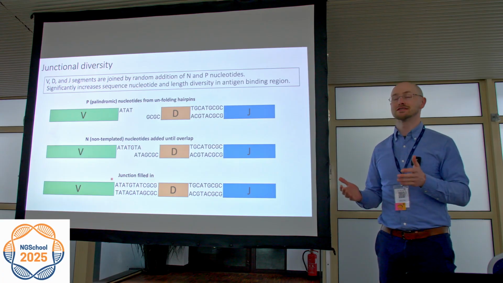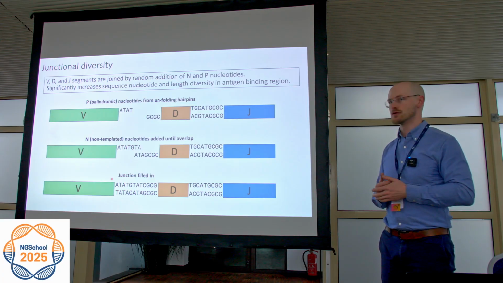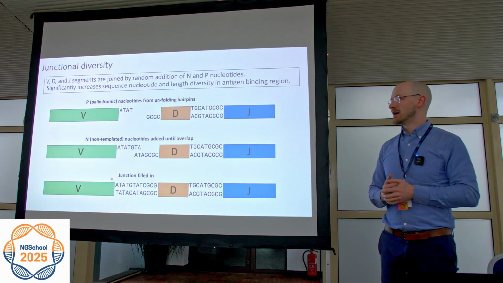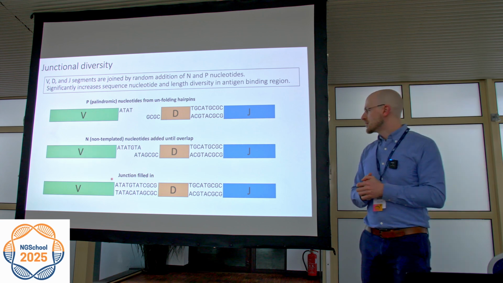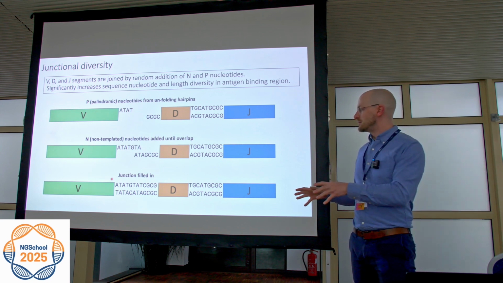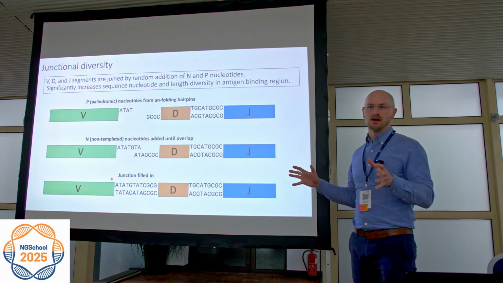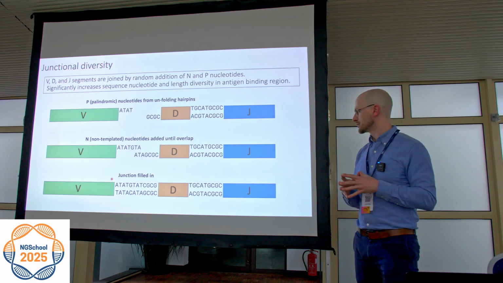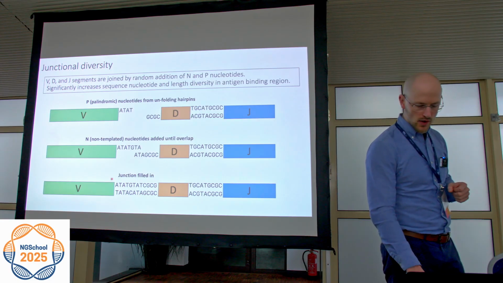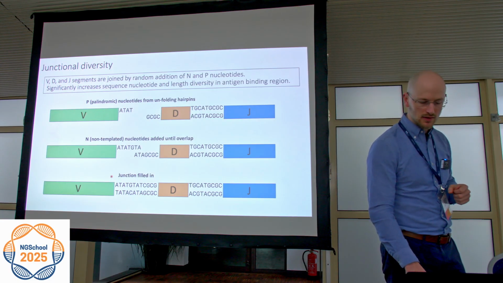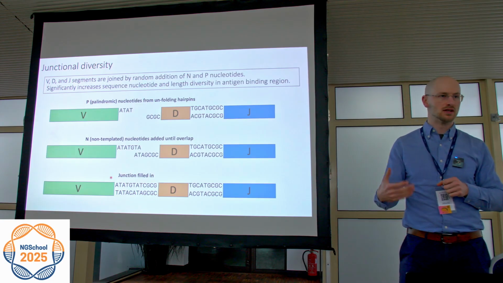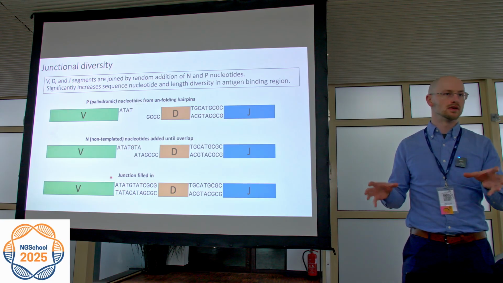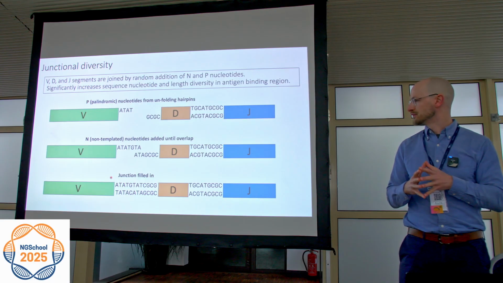The largest we see, I don't know, maybe 30 amino acids, so maybe even larger. So this vastly increases the kind of diversity that BCRs can be produced. And importantly, this junction region is the most important antigen binding region of this DNA.